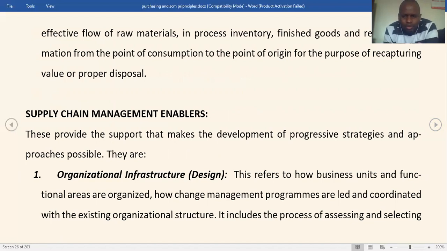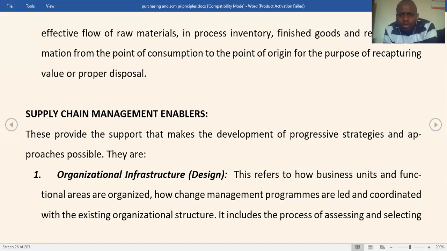So the other thing that we will talk about today are the supply chain management enablers. What are some of the enablers of supply chain management? This basically provides the support that makes the development of progressive strategies and approaches possible. And this may include things like organizational infrastructure or design.